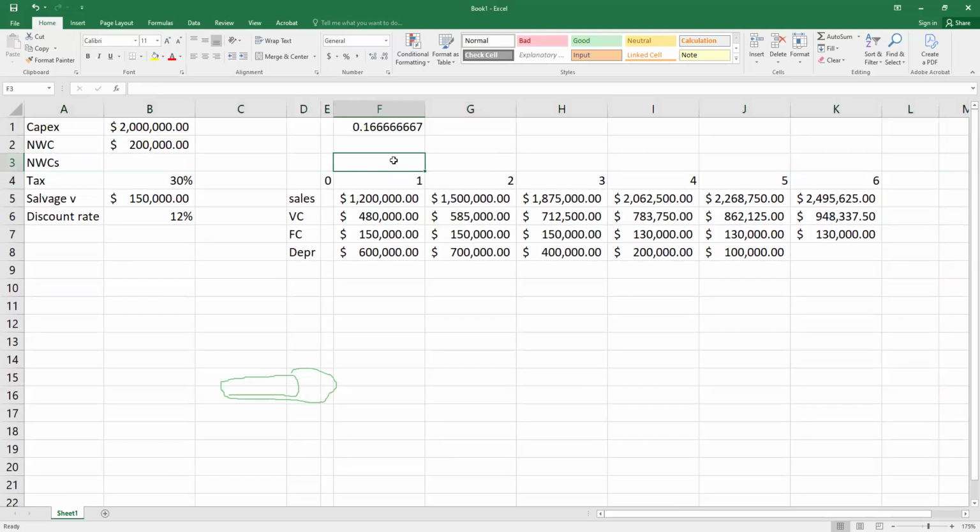So for the first year, calculating net working capital is basically 0.16 multiplied by the next year's sales that we have estimated.